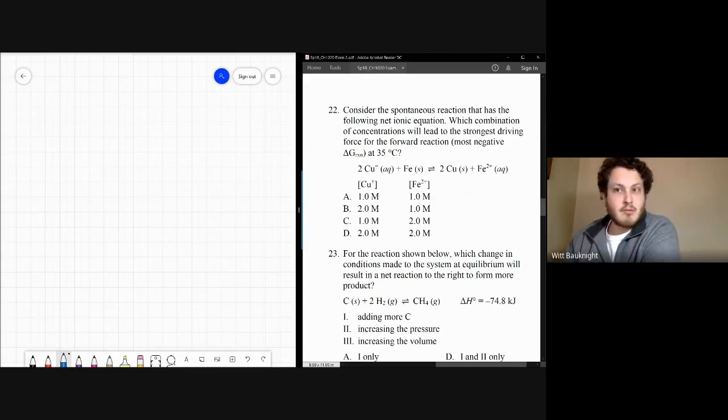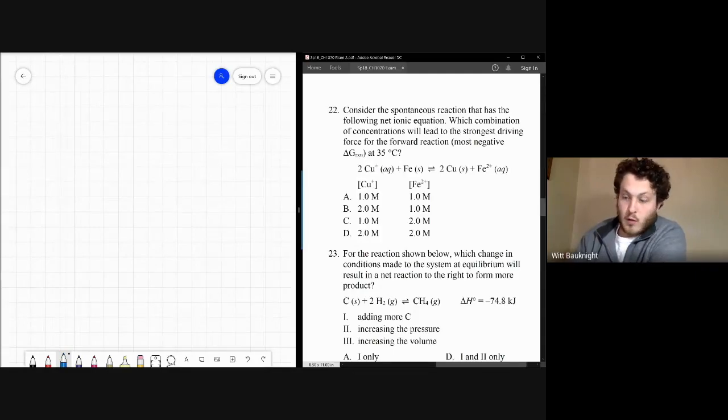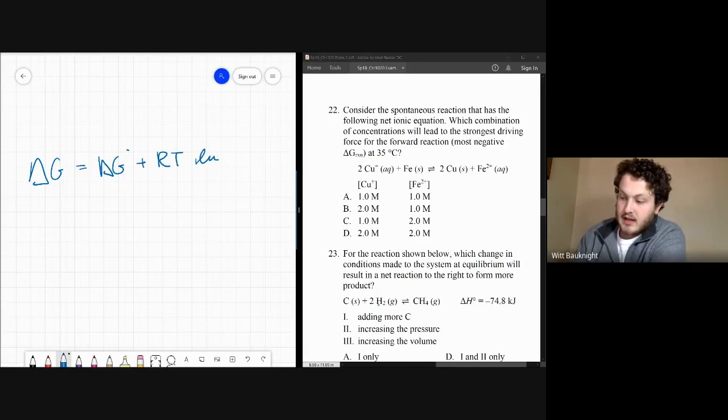Now we could plug this straight into this formula, delta G is equal to delta G prime plus RT ln Q. And we can figure out, well, what combination does what to Q, and what does Q do to delta G?